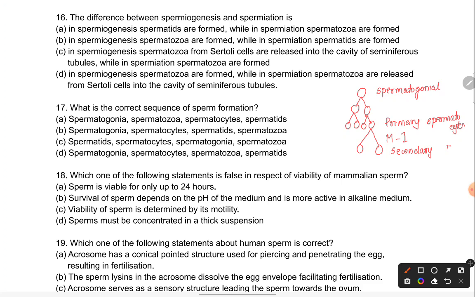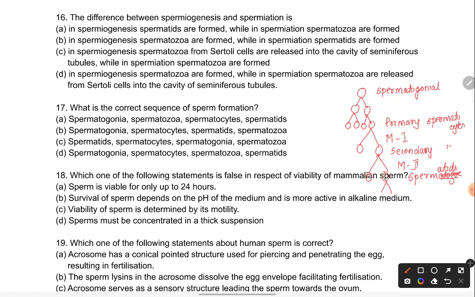And the secondary spermatocytes undergo the second meiotic division, meiosis 2, and form, after meiosis 2, not spermatozoa, it is spermatids. Very sorry, it is spermatids.